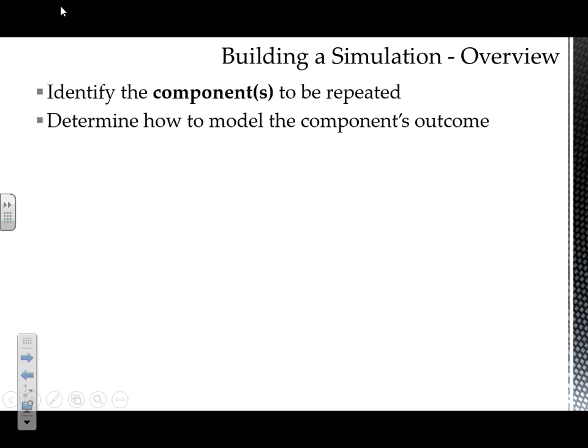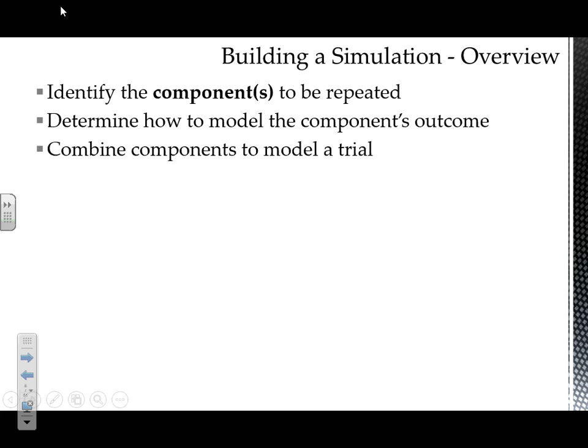Maybe you need to go from 00 to 99, or 001 to 100, whatever it might be. So you're going to try to label the different outcomes that could happen, so that each number represents a specific outcome of your particular random event. So when we're determining the component's outcome, you're trying to model it, you're trying to label it, so that each number represents something in the real world.